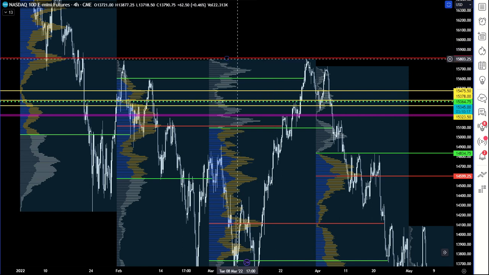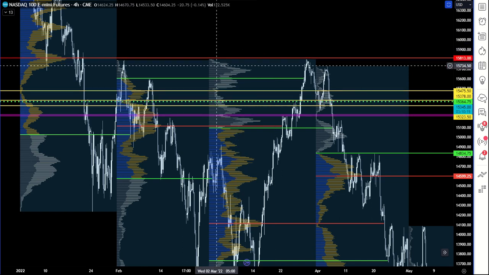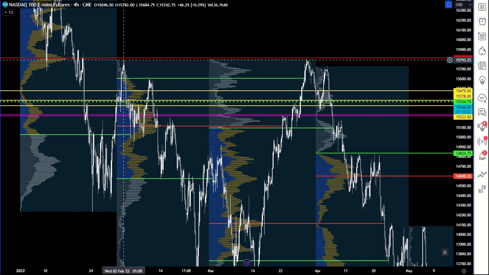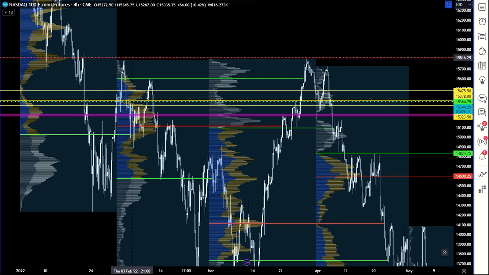Also, it's almost near the March 2022 extreme monthly high. So this is going to be a very key zone, or point of interest to watch. Also, almost in February of 2022, the extreme monthly high was just shy of that point of control. So this whole area is going to be extremely important.